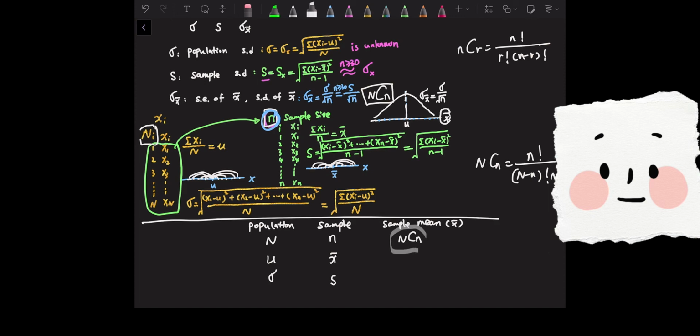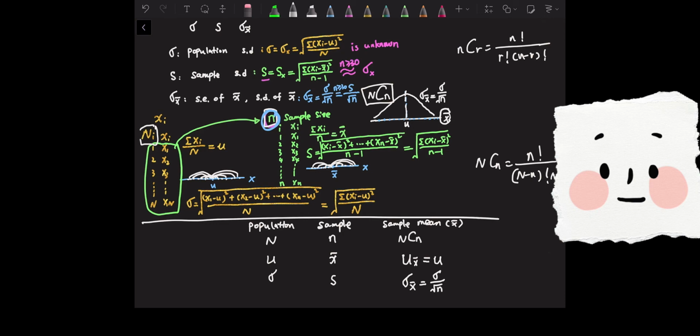Each sample has a sample mean, and the average of the sample means will be mu subscript x bar. If you have all the sample means, you will find this always equals the true population mean. And for the standard error of x bar, we use sigma subscript x bar equals sigma over square root of n.